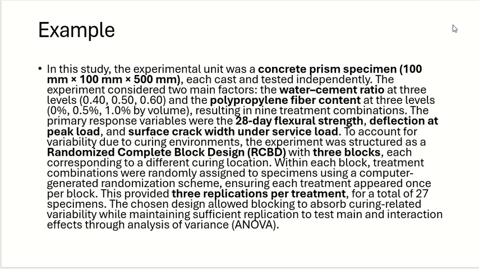What are they saying now? 3 replications per treatment, but they are in different blocks. So if a treatment has to appear in block 1, 2, and 3, it will appear 3 times. Each combination has to appear.